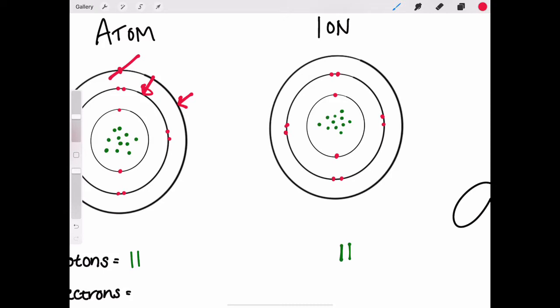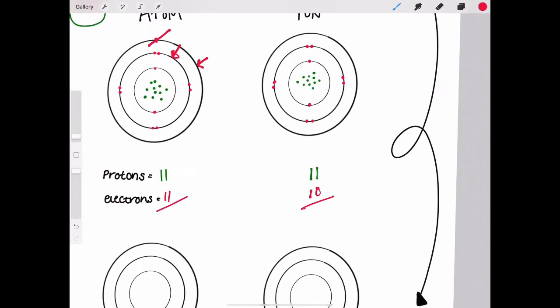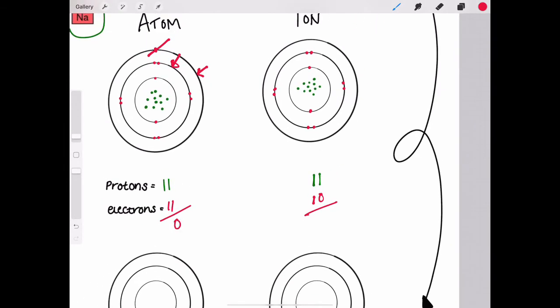So we've still got our 11 protons, but we now only have 10 electrons because we've lost that outermost one. So we've got 10 there instead of our 11. So that means that our overall charge for the atom, we know it should be 0.